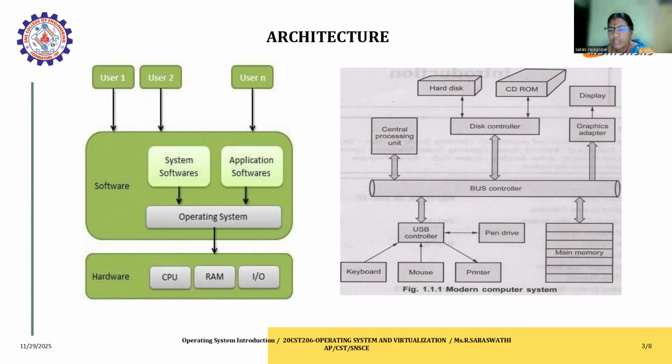The bus controller will be connected to the USB controller and then the memory management system. The USB controller will be connected to the keyboard, mouse, printer, and pen drive. It acts as an interface between the CPU, disk controller, USB controller, and memory management.